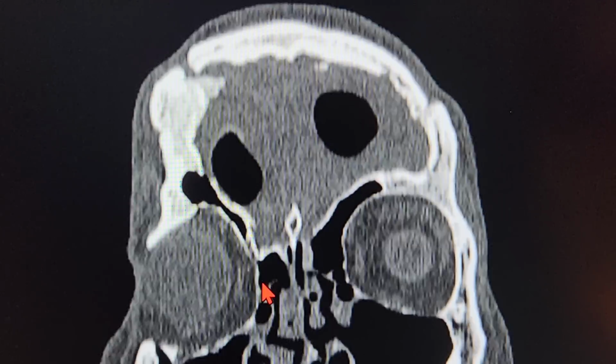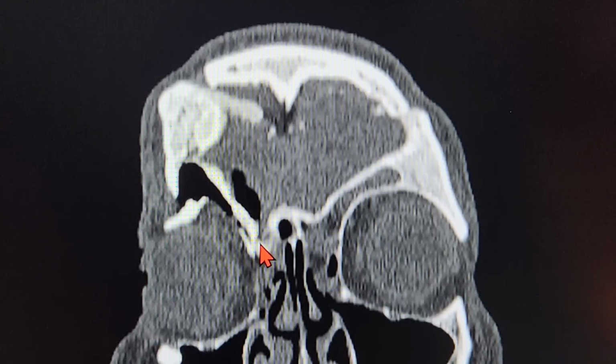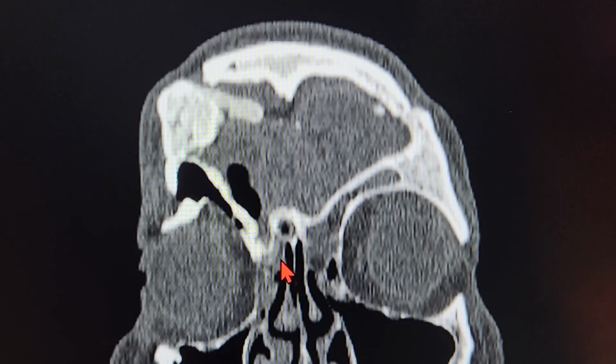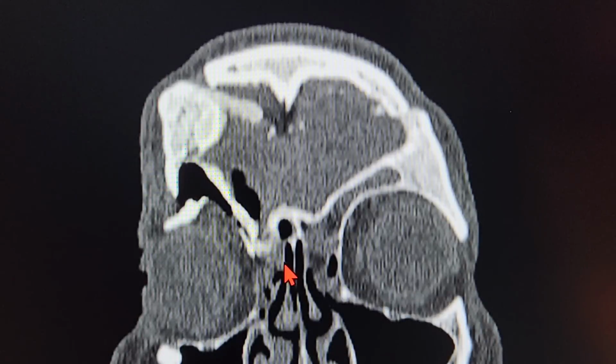The patient was not doing well, and repeated scans were done to evaluate the condition, and the diagnosis was made: the patient was having a lot of recurrent nasal fluid rhinorrhea from the right side, which was confirmed to be CSF. So the patient was referred to us, and we as a team, neurosurgeons and skull base surgeons, decided what to do for the patient.